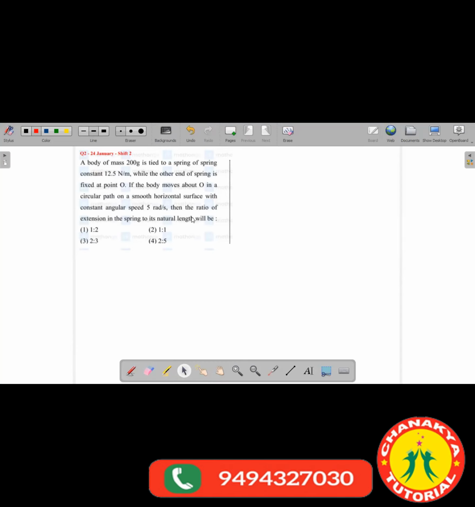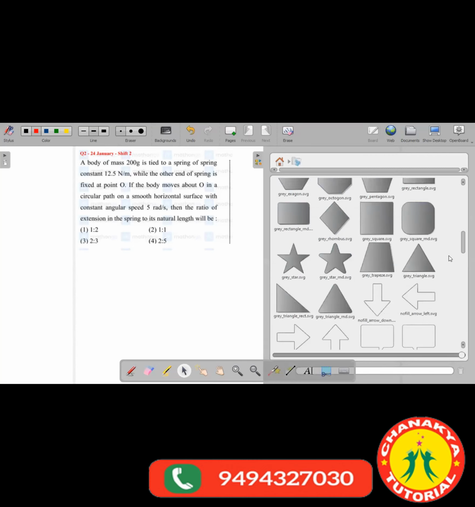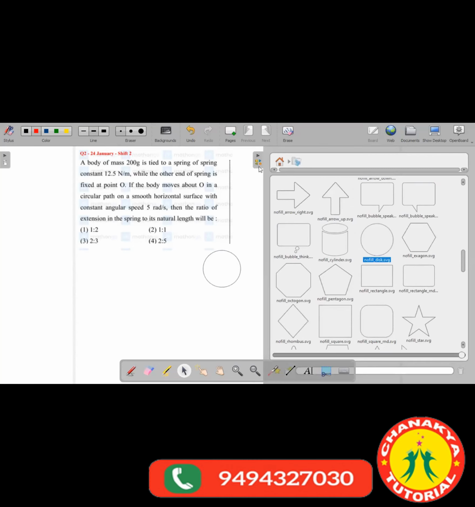So let us try to draw a diagram and find out what all things are working. You have this spring moving in a circular path.